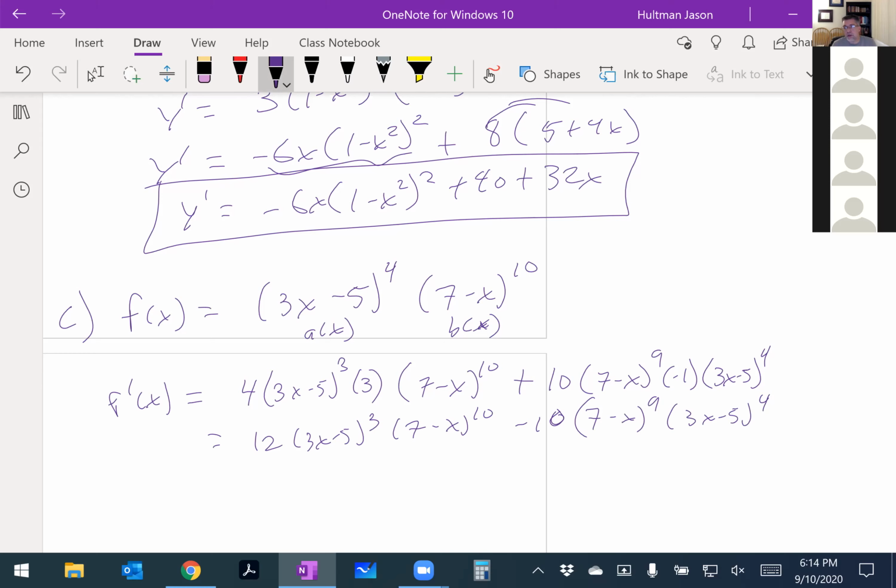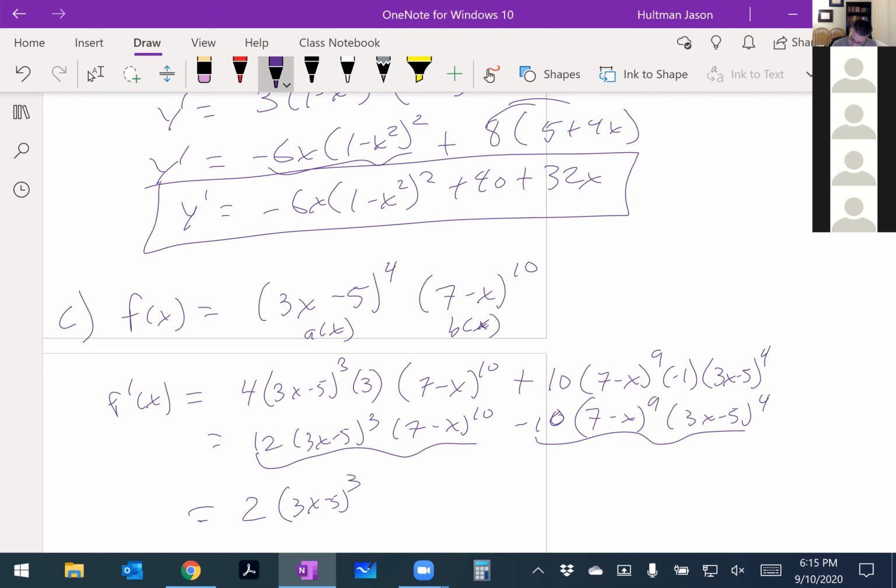So now what I'm going to do is factor out the common factors here, from the first one and the second one. Well, 12 and 10 are both divisible by 2, so that's a common factor there. 3x minus 5 to the third and 3x minus 5 to the fourth are both divisible by 3x minus 5 to the third. It's the lowest power there. I'm going to pull that out from the first one.